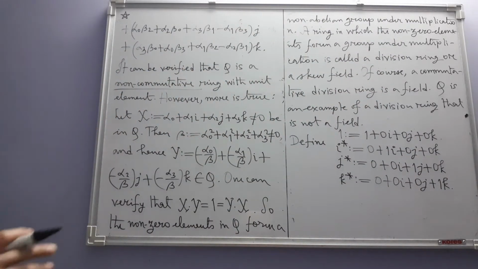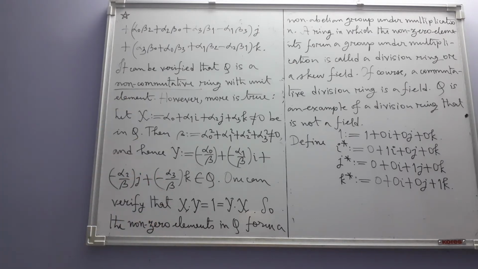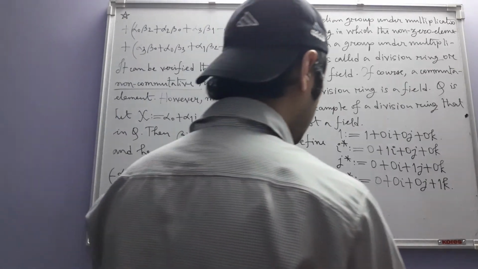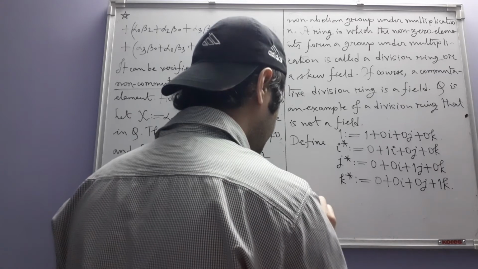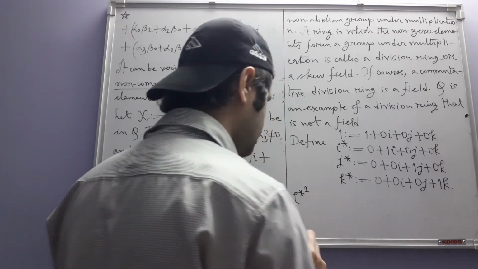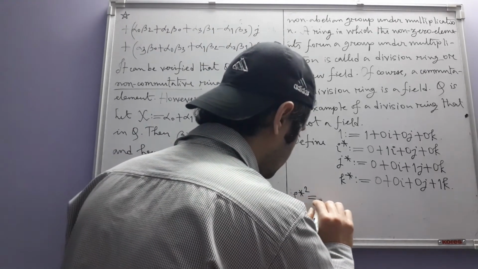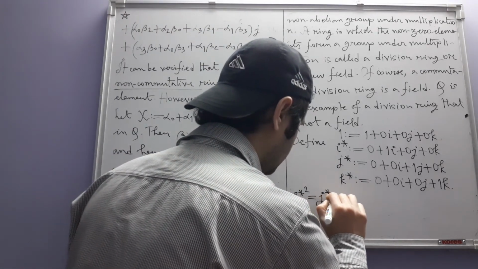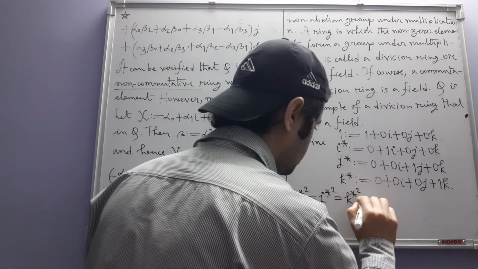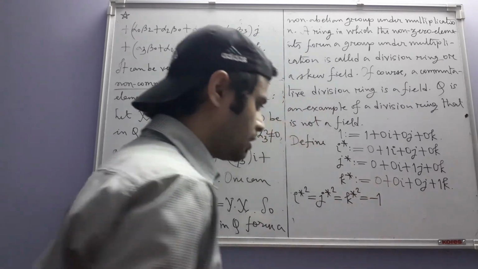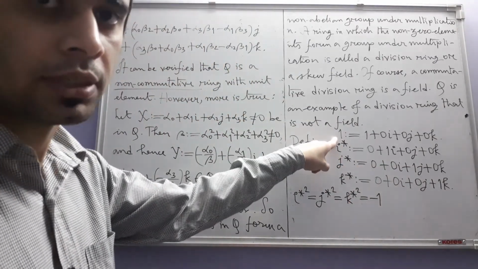Now if one actually uses the horrendous definition of multiplication in this ring, one will find these things. i star square, which means i star dot i star, is equal to j star square is equal to k star square is equal to -1, where this -1 actually means the additive inverse of the unit element.